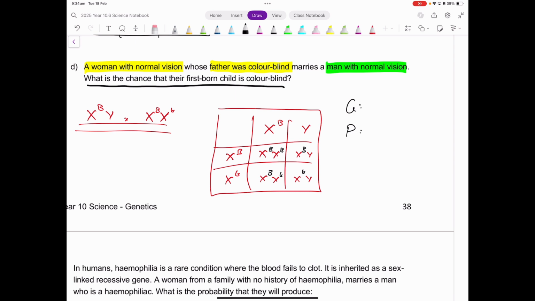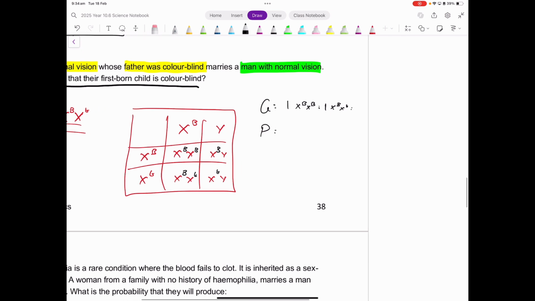And in this ratio, how many potential options are there? 4. So it's going to be a ratio of 1, X big B, X big B, to 1, X big B, X little b, to 1, X big B, Y, to 1, X little b, Y.